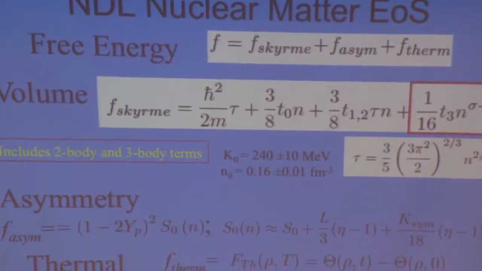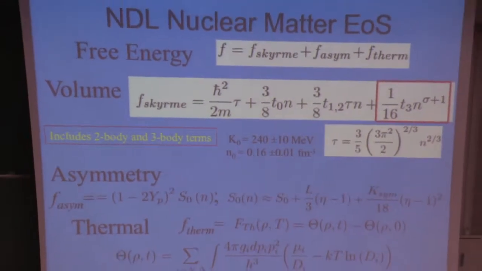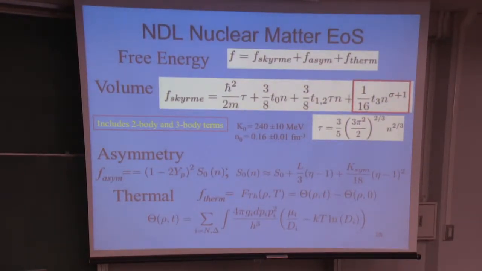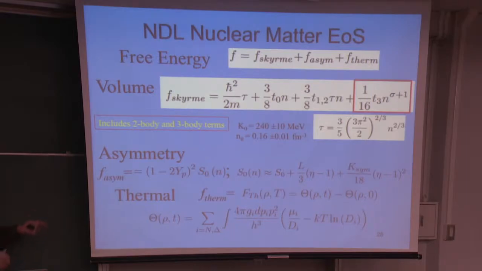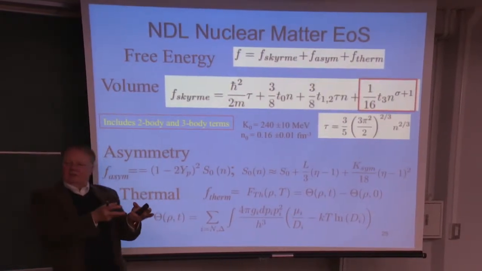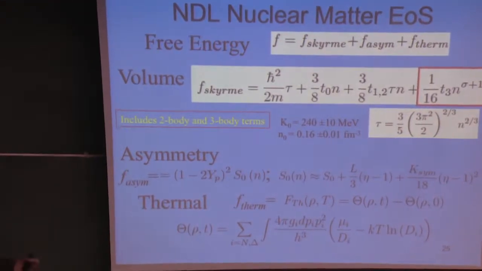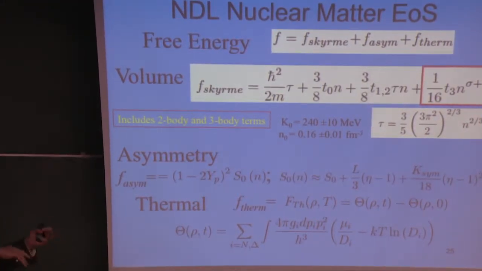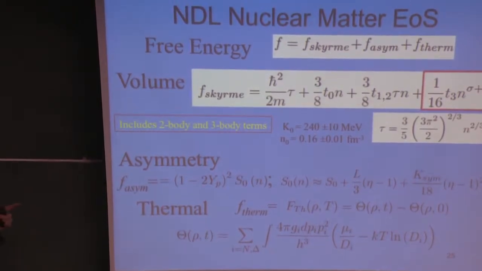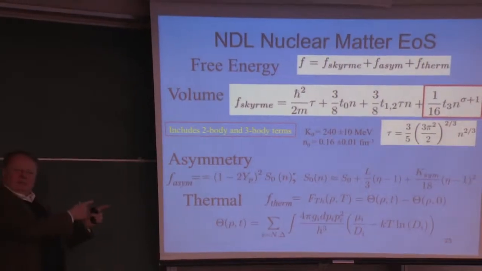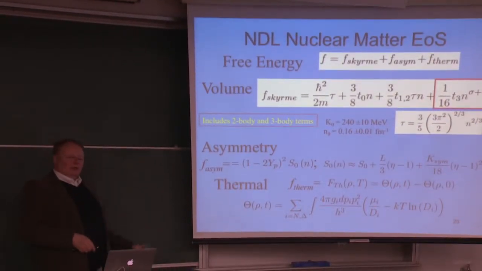Now, the usual approach to a Skyrme model is to try to fit a bunch of known nuclei in their excited states, say, but we're really interested not in nuclei with all the surface effects, but in bulk nuclear matter. So we deliberately are picking sets of parameters that will fit what we know about neutron stars and about bulk nuclear matter.